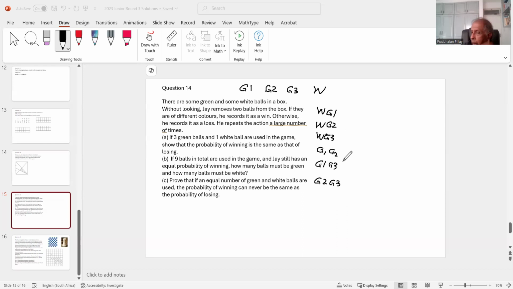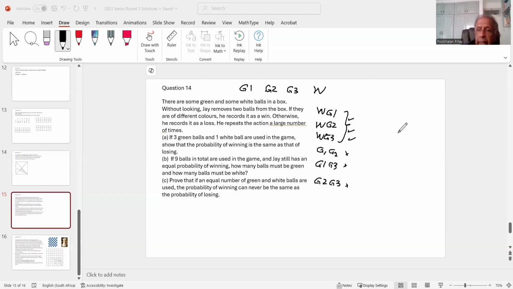Right. Now, where does he win? If he takes them of different colors, then he records a win. So this is a win, a tick for winning, and these are losses. So you can see his chances of winning are the same as the chances of losing. Right? That's what he says. The probability of winning the game is the same as that of losing.